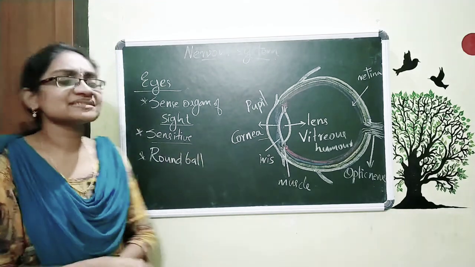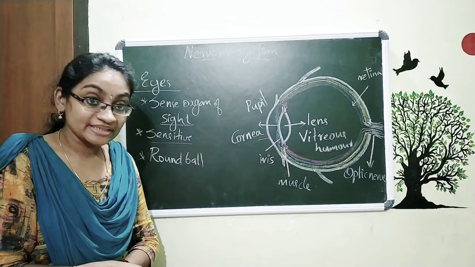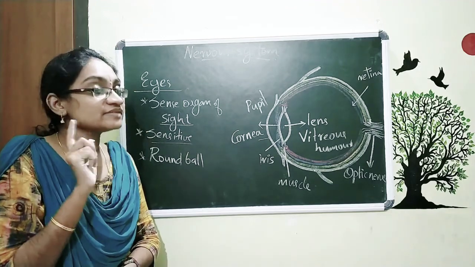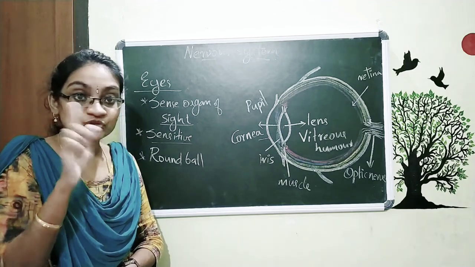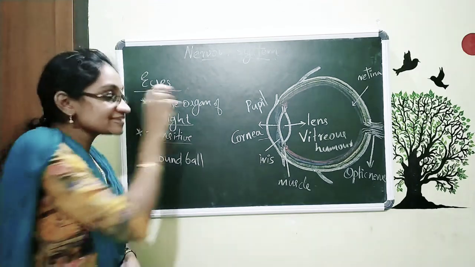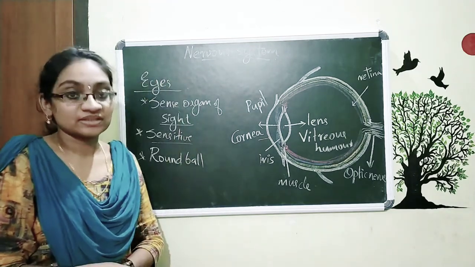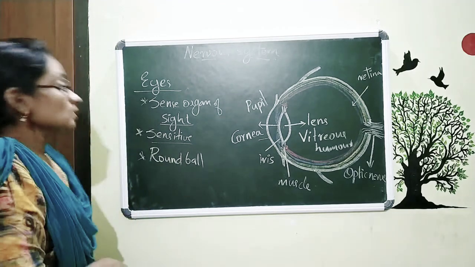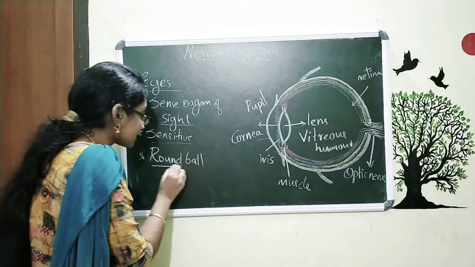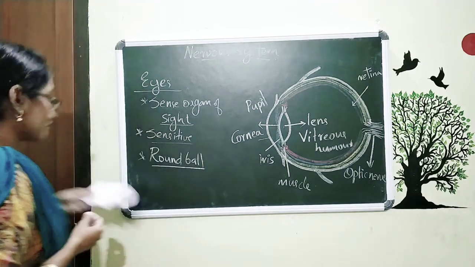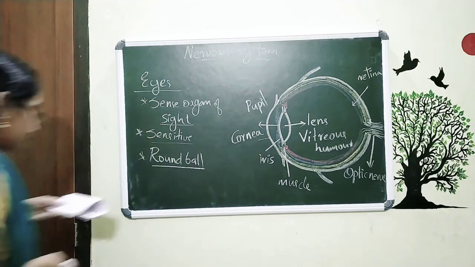And where is this eye located? The eye is located in our skull, and when we studied the structure of the skull, we saw it has two sockets or holes. The eye sits in the socket in our skull. So remember, the eyes are shaped like round balls.